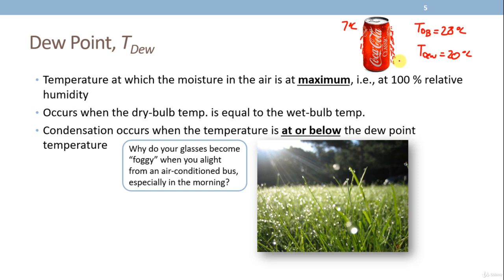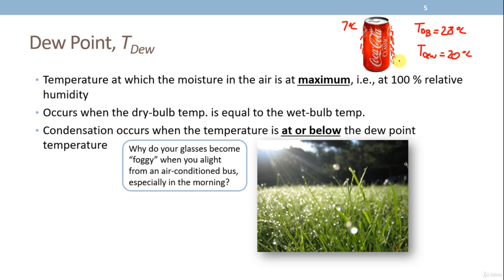Condensation will happen whenever warm air touches a cold surface. You may have noticed, let's say you alight from an air-conditioned bus, or from a vehicle that is very cold during the early morning, usually your spectacles or your mobile phone will get a bit of moisture. There will be a bit of condensation happening. Why is that so?